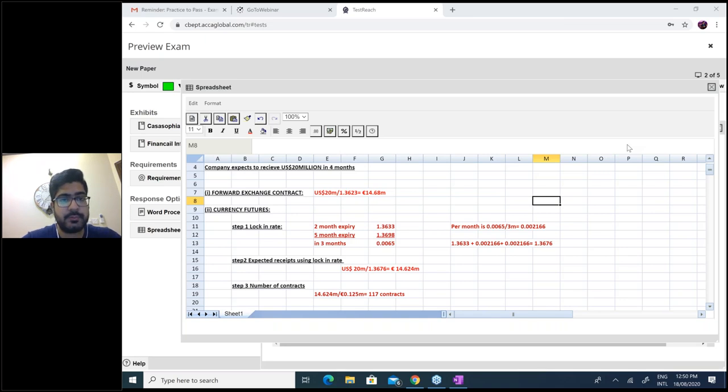Yes, you're right. The number of contracts is very easy. It's 14.624 million euros, the receipts that are coming, and the contract size is 0.125 million euros. So you need to divide them to get the contracts.